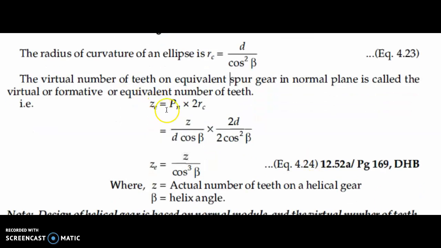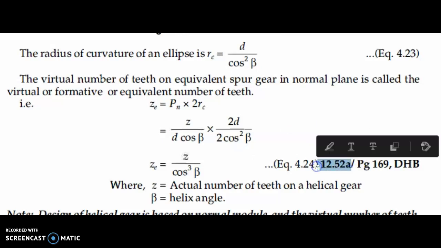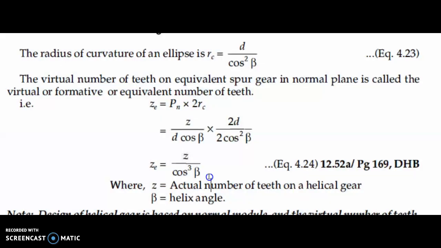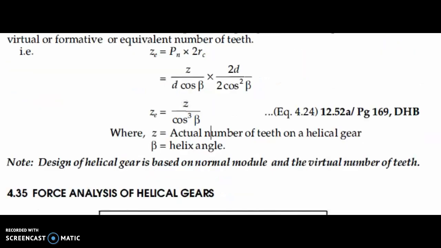Or we can complete this equation as Zv is equal to Z divided by cos cube beta. This equation is also provided in our data book. From our data book we can take this value, that is 12.52a. We can take these values, and using that equation we can find the virtual number of teeth, which we have to calculate in our design problem.